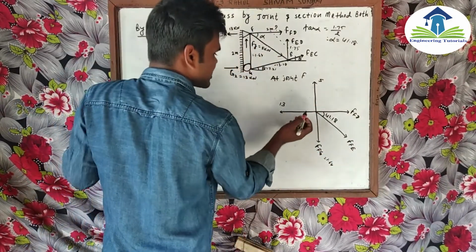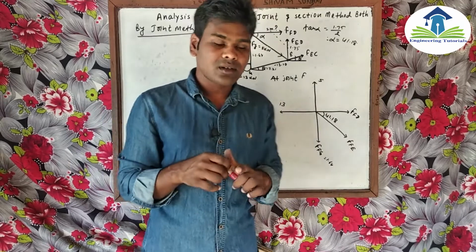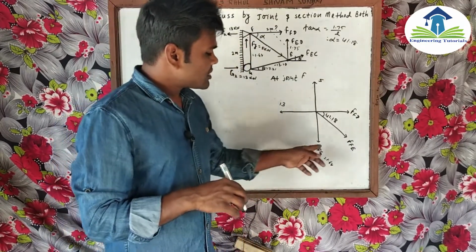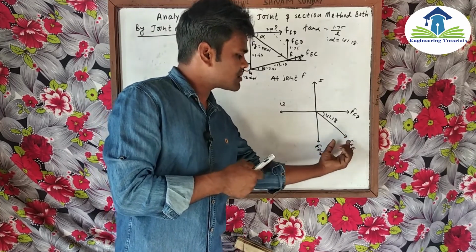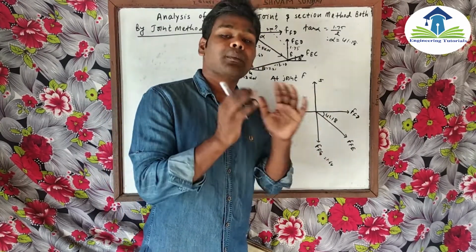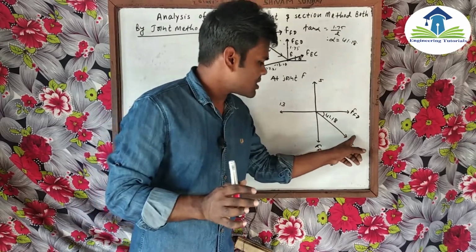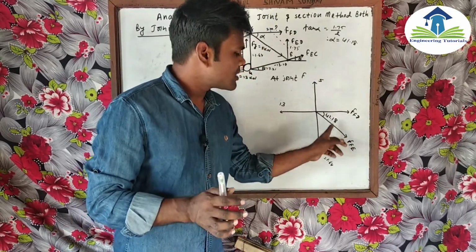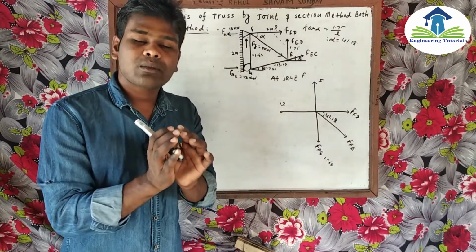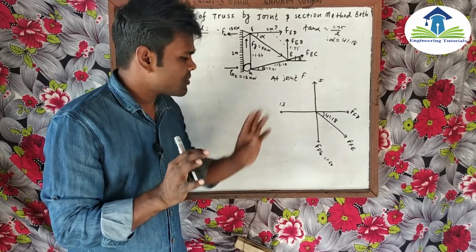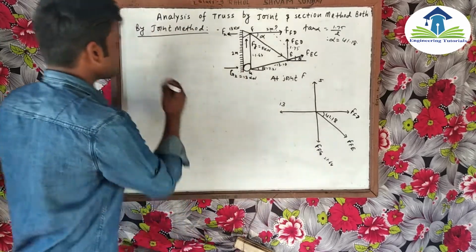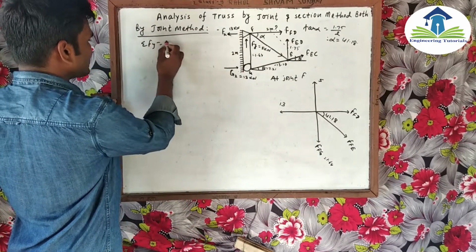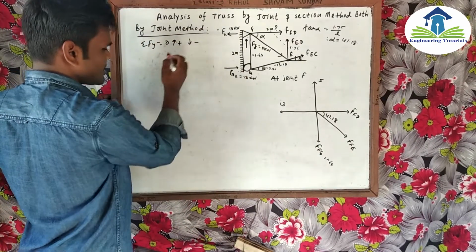There is a logic here: only one of these forces has both horizontal and vertical components. If we take the total vertical force equal to 0, then we can find the value of FFE. So summation Fy equal to 0, upward force positive, downward force negative.